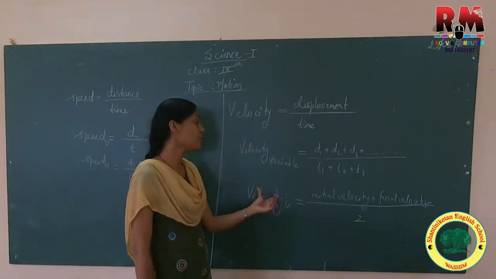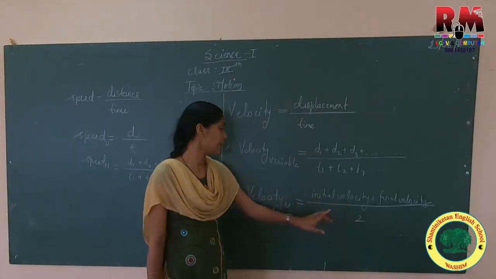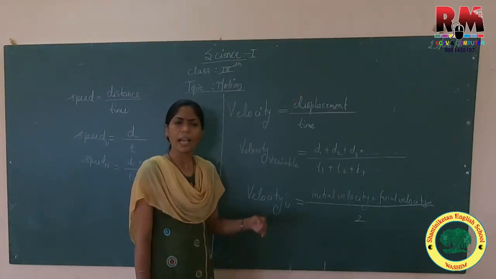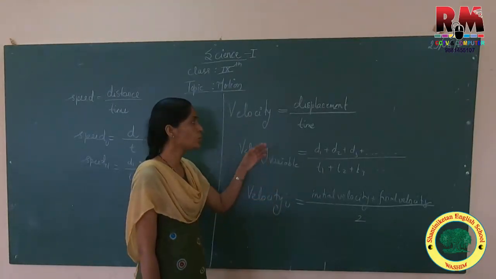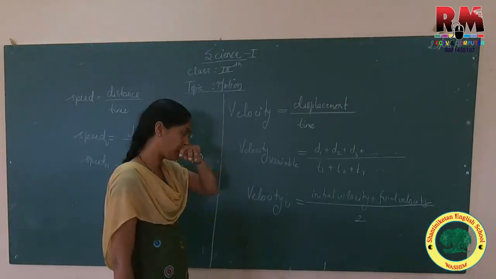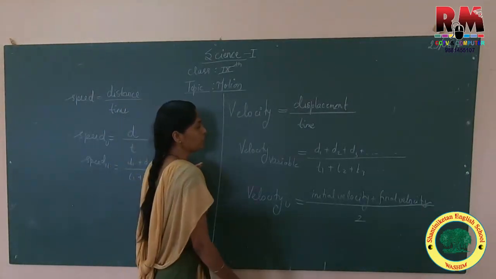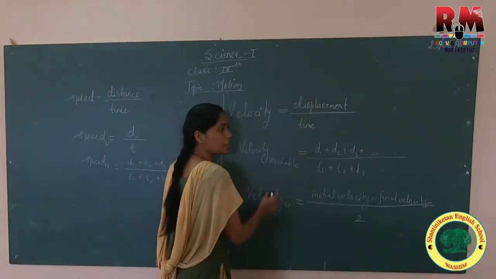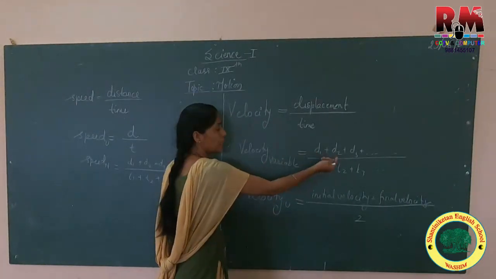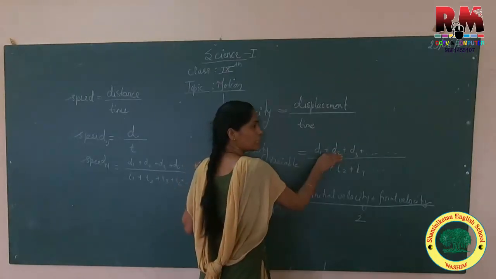If velocities are directly given, then for uniform velocity you use this equation. If velocities are not given and displacements are given, you can use both methods. In particular time t1 what is the displacement d1, in particular time t2 what is the displacement d2.